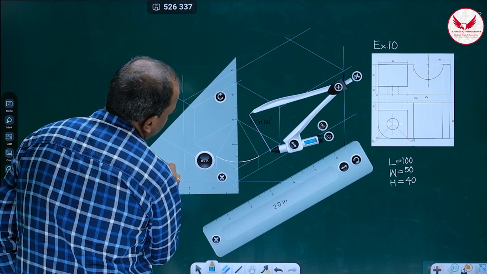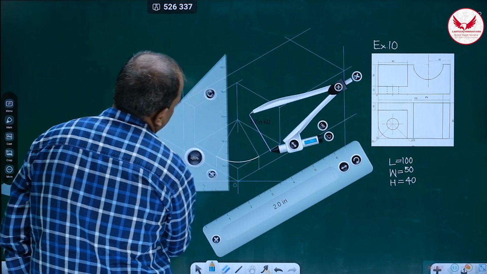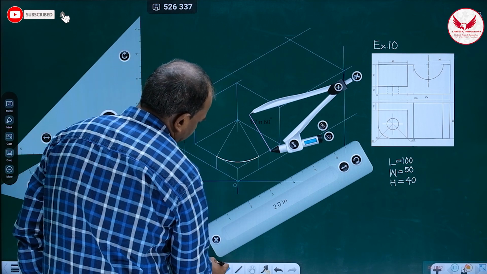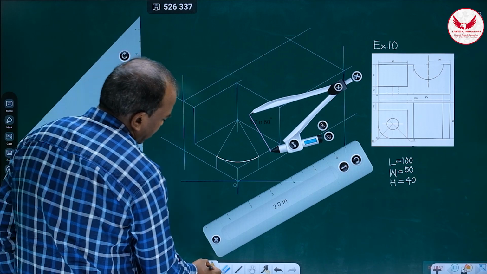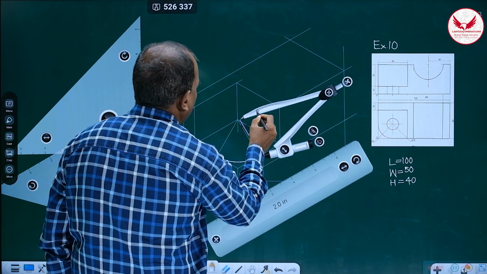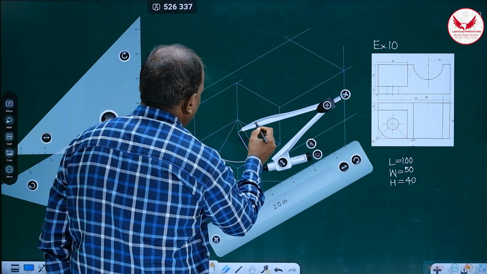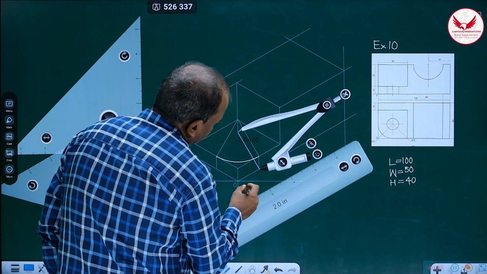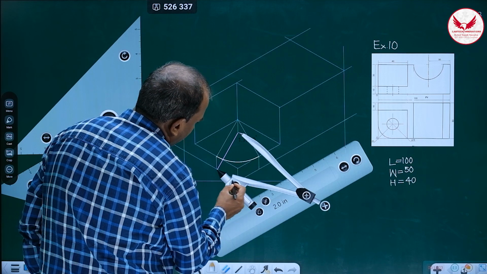And if I shift the center by 10 vertically downward, all these 3 points, after shifting you can mark this dark line. How can we mark it? Just see. Put the compass at this point, not the corner, shifted by 10 mm. And if we check it, definitely it will match with these 2 points.